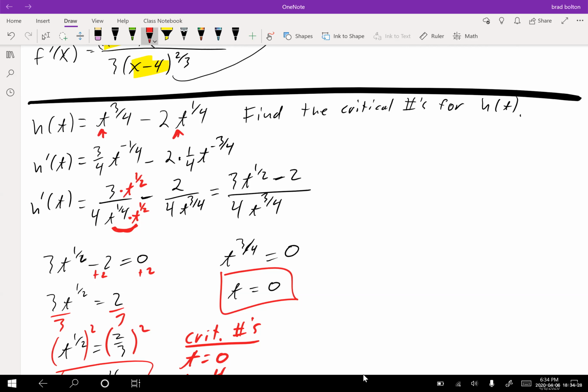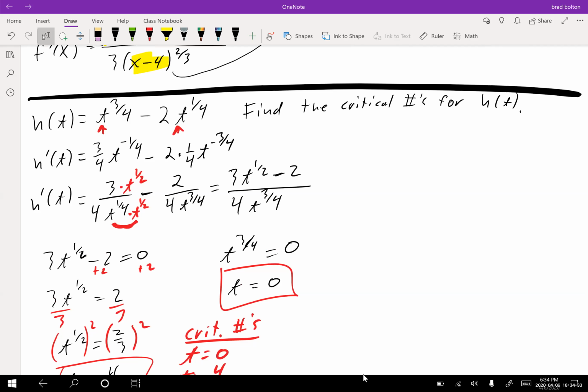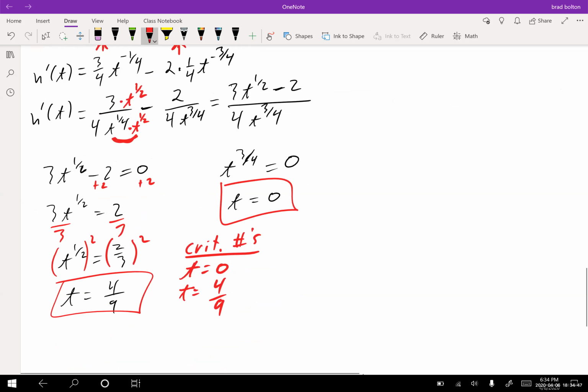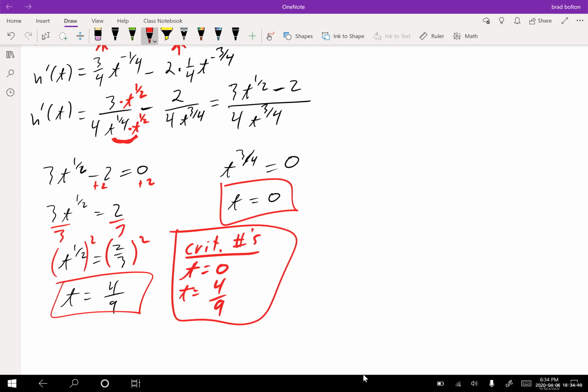That's an okay answer. And if I take 4/9 and I plug it in here, I get some fractions, some ugly decimals, but either way, it's not imaginary, it's not an issue, so it's okay. So both of these are in the domain, so these are both critical numbers, okay? So we are going to take these as our critical numbers.